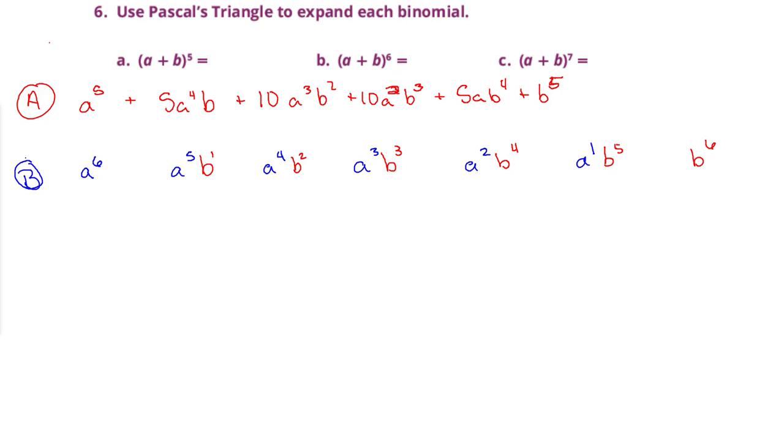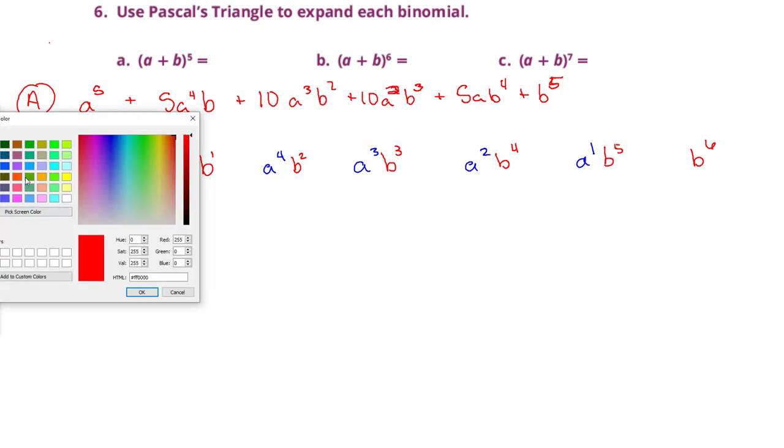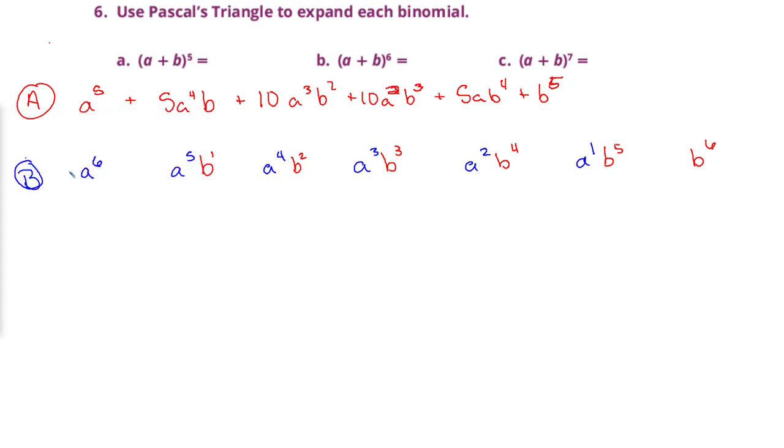And then if I look at my numbers, it would be 1, 6, 15, and we're adding each time, 20, 15, 6, 1.